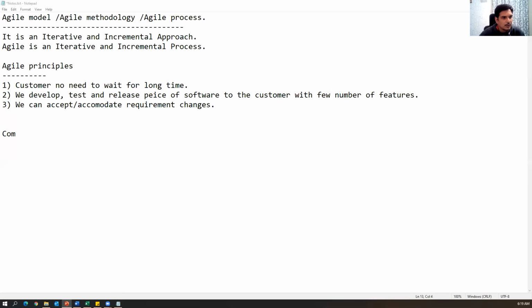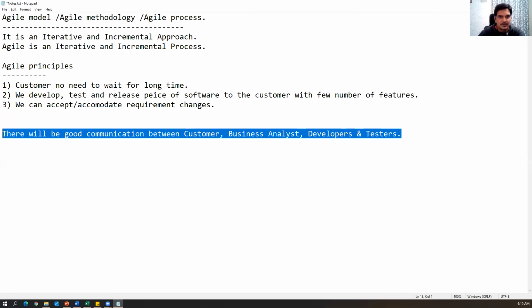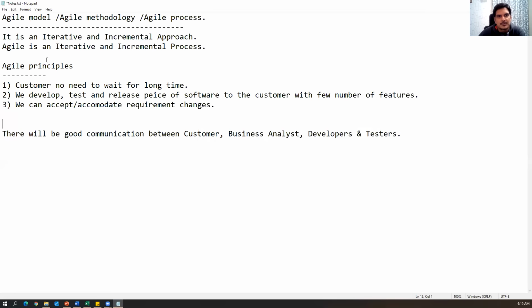There will be good communication between the customer, business analyst, developers as well as testers, and everybody works collaboratively towards one goal, and that is to produce a quality product to the customer. Okay, so these are the few principles we have to remember, guys.